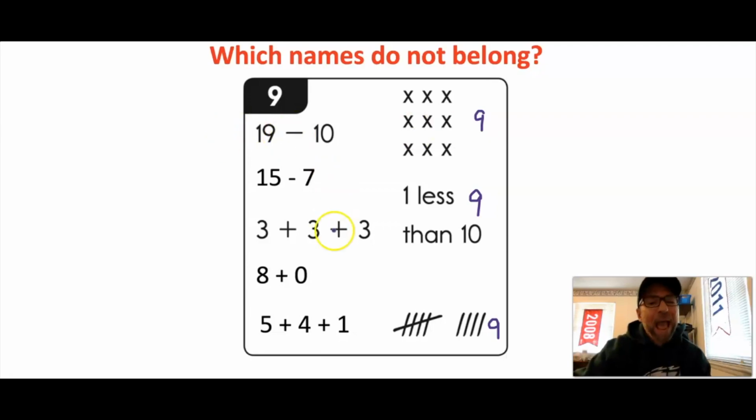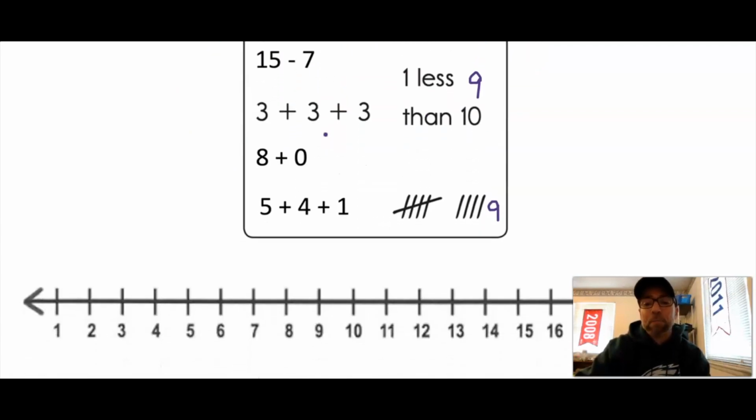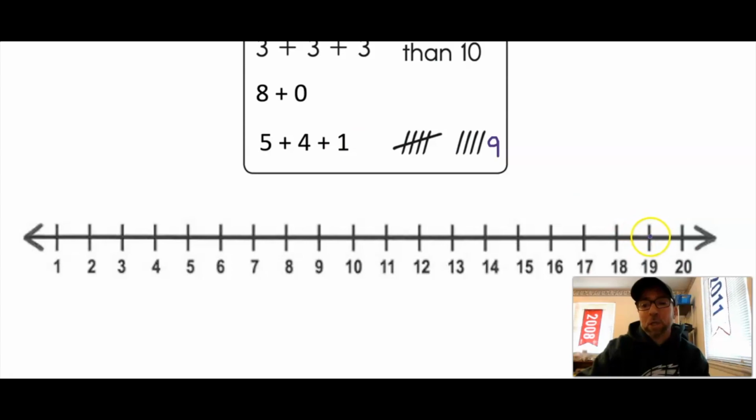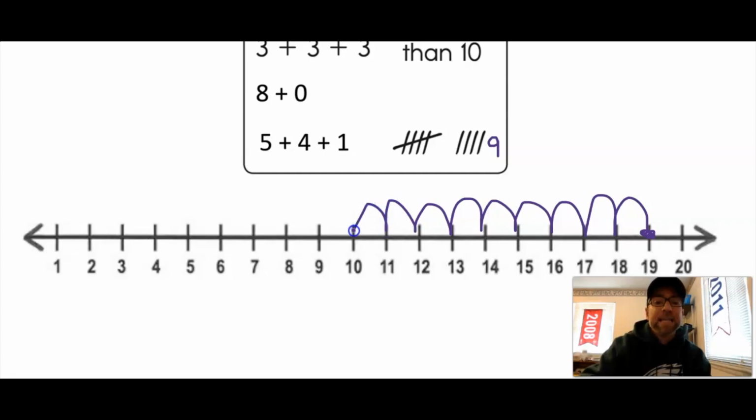Now I have some adding and subtraction problems, and I might need a number line for this. So let's start with our first one. 19 minus 10. Well, I can have my number line start at 19 and hop back 10. 1, 2, 3, 4, 5, 6, 7, 8, 9, 10.